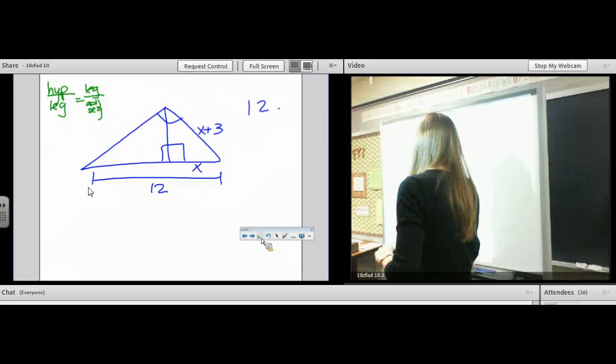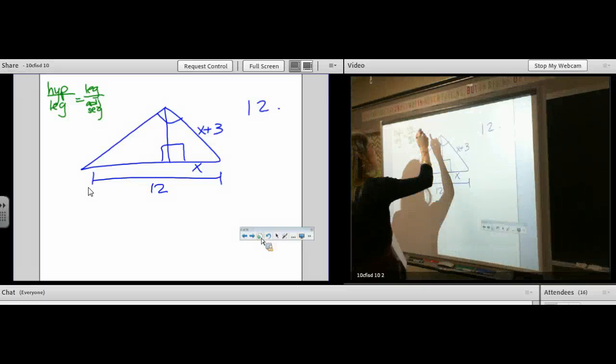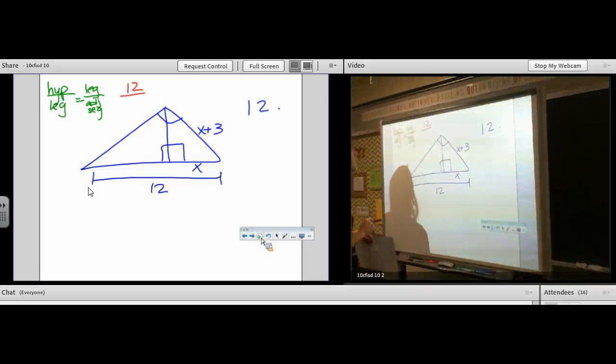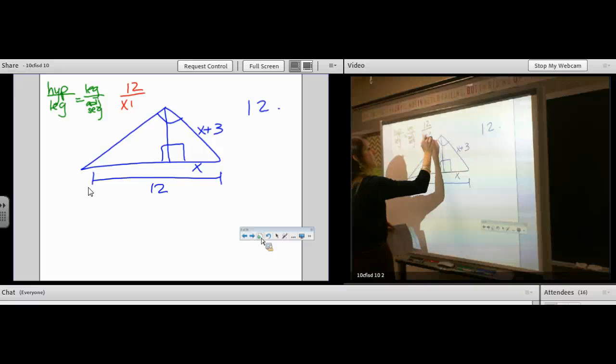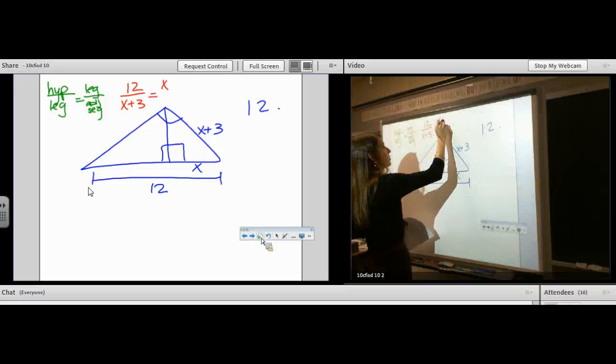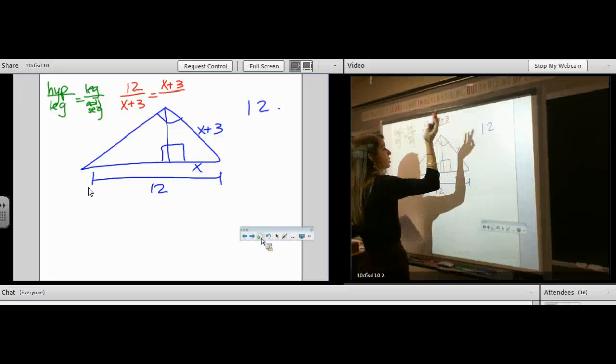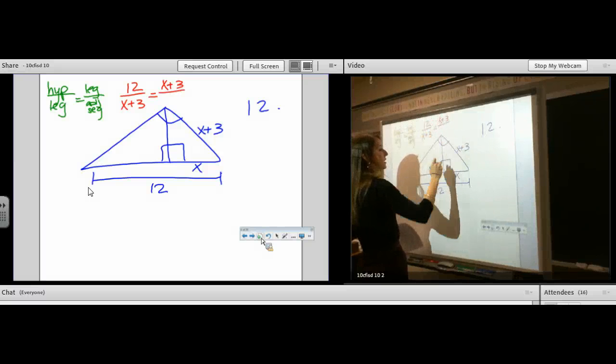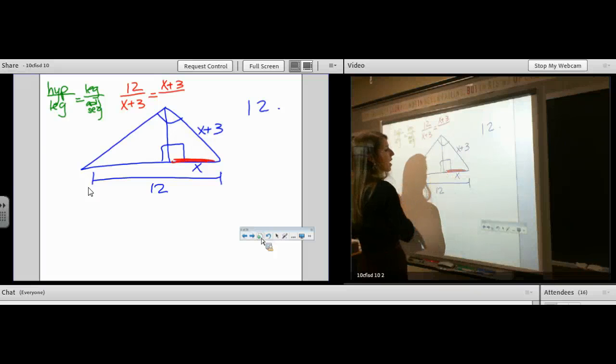All right, let's fill it in. The hypotenuse is 12. The leg is x plus 3. The leg is still x plus 3. It's the geometric mean, so it should be repeated. And the segment of the hypotenuse adjacent to what we're looking for is x.